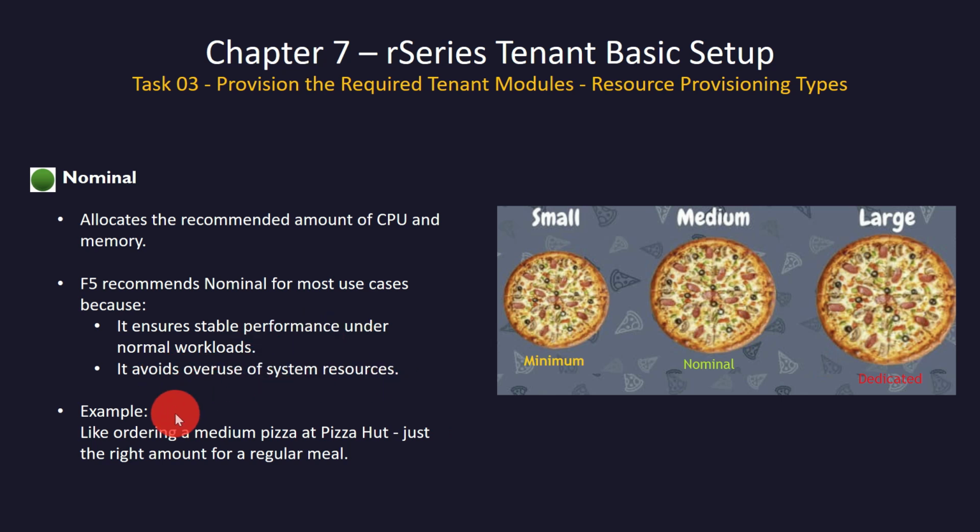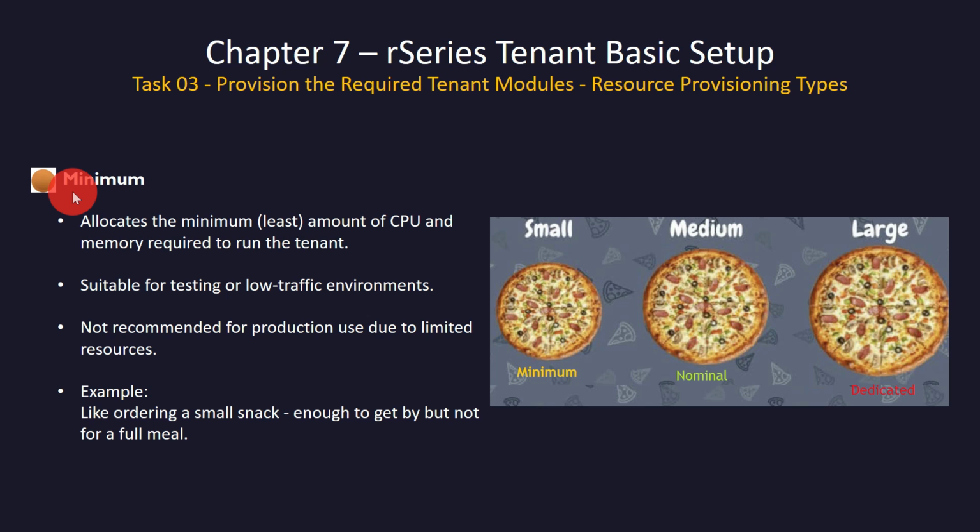For example, it is like you are going to Pizza Hut and ordering a medium sized pizza, which is the right amount for a regular meal. In minimum, the system allocates the minimum amount of CPU and memory required to run the tenant.